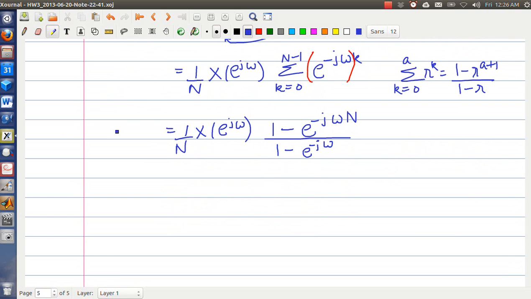So now we have Y(e^{jω}) in terms of X(e^{jω}) and some other function of omega.